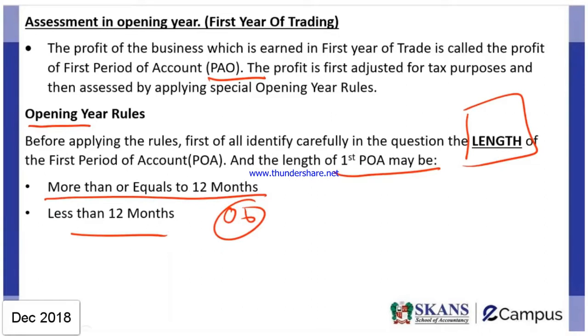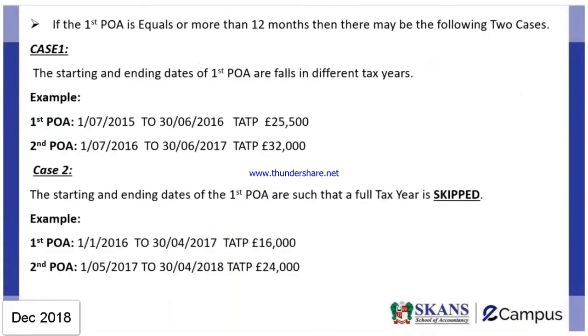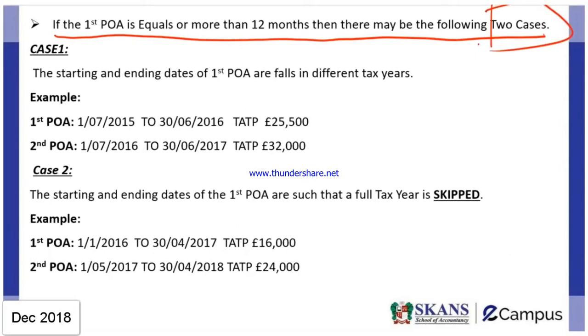Okay, so when you identify that the first period of account is equal to or more than 12 months, then there are two cases that we observe in the examination question scenario. For the purpose of simplicity, I mention these cases as case 1 and case 2.